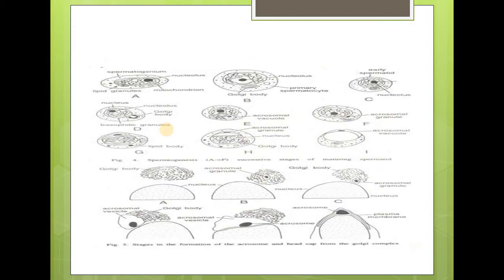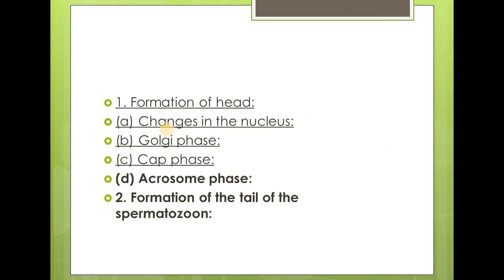You can see here the number of steps that take place to change into mature spermatozoa: the formation of the head, the changes in the nucleus, the Golgi phase, the cap phase, and the acrosome phase, resulting in the formation of the tail of the spermatozoa.